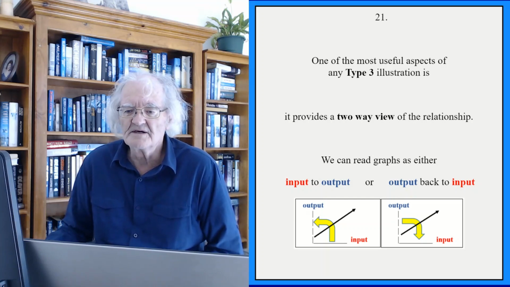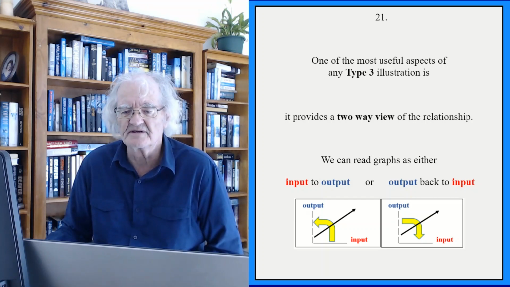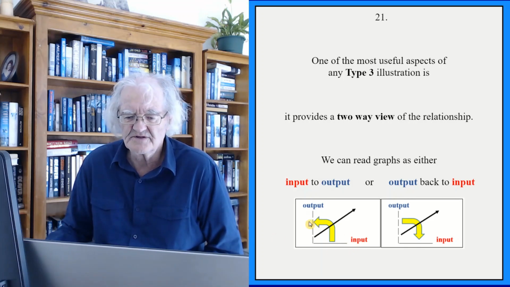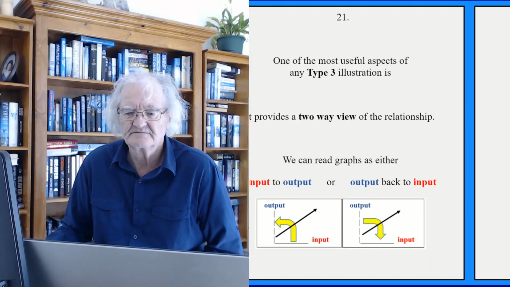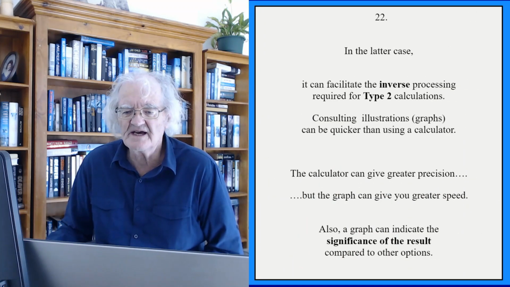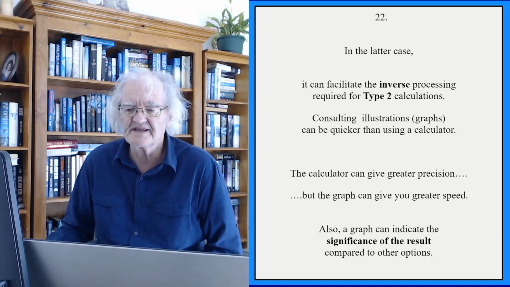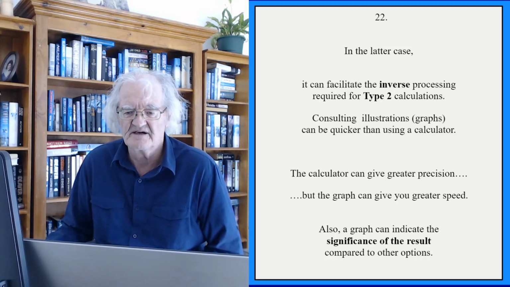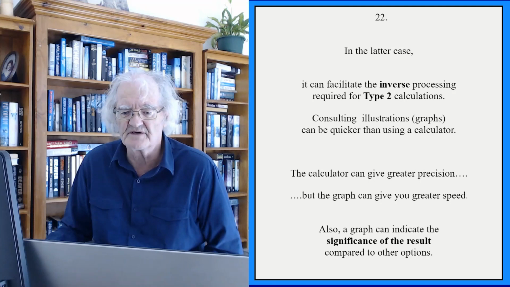One of the most useful aspects of any type 3 illustration is it provides a two-way view of the relationship. We can read graphs as either input to output or output to input. In the latter case, it can facilitate the inverse processing required for type 2 calculations.